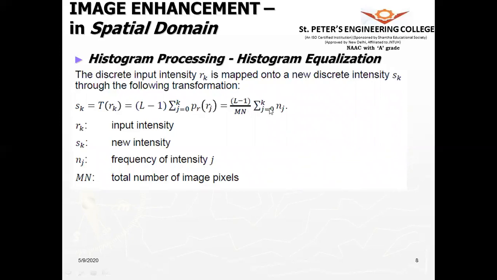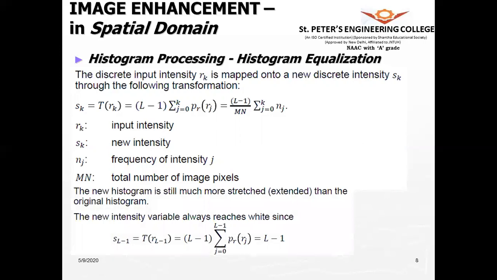And this is nothing but Nj, the number of occurrences, or the frequency, of that particular intensity, and MN is the total number of pixels.